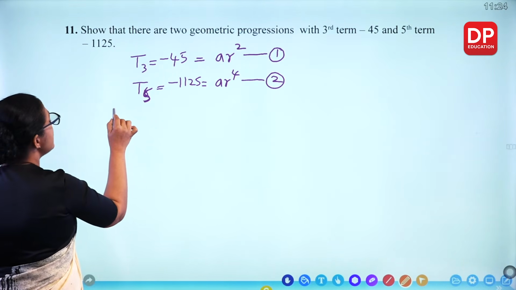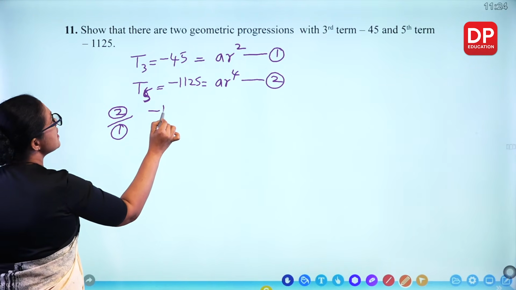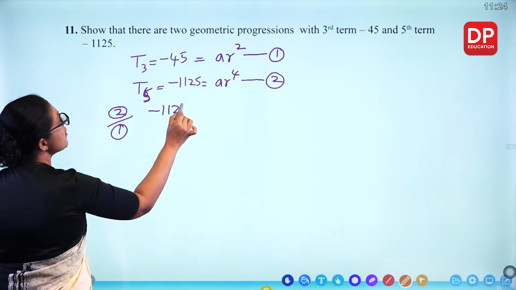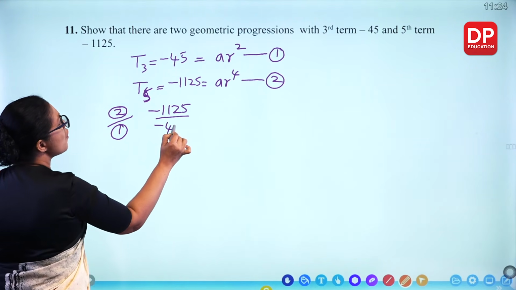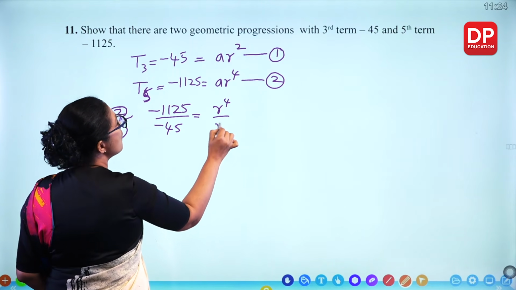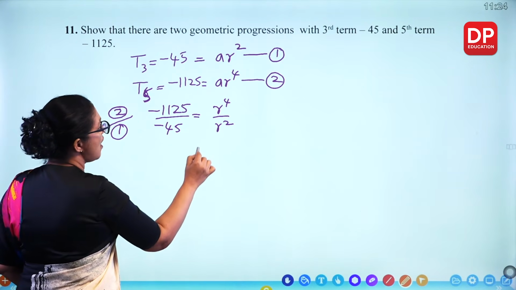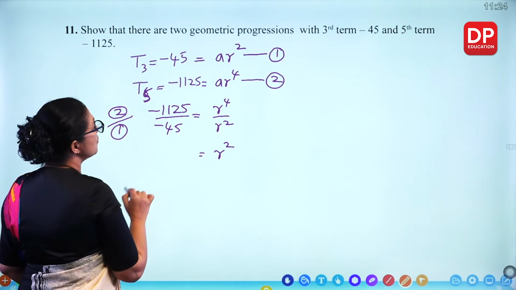When you divide the two equations, 2 by 1, I am getting minus 1125 divided by minus 45 is equal to r to the power 4 over r to the power 2. So when you simplify this, you get r to the power 2.